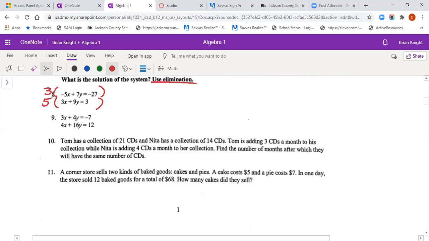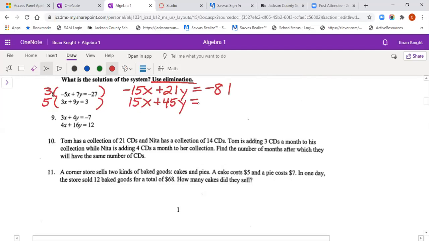Okay, so 3 times -5x is -15x. 3 times 7y is 21y. And 3 times -27 is -81. Okay, is that right? Is that -81? Yes, sir. Okay, I was making sure. All right, on the bottom, 5 times 3x is 15x. 5 times 9y is 45y.